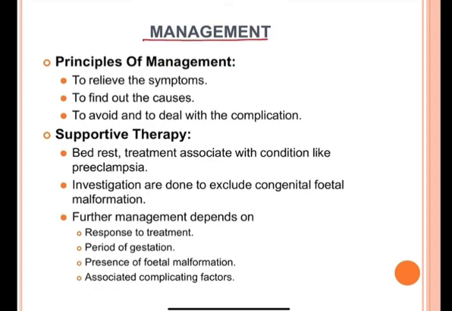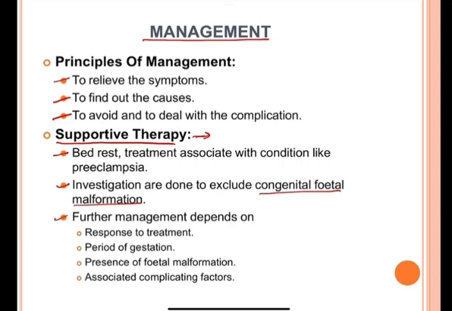Management: we have to relieve the symptoms, we have to find out the cause, and to avoid and deal with the complications. Give supportive therapy to the patient. Bed rest. Treat the associated condition like preeclampsia. Get all the investigations done to exclude congenital malformation in the fetus.